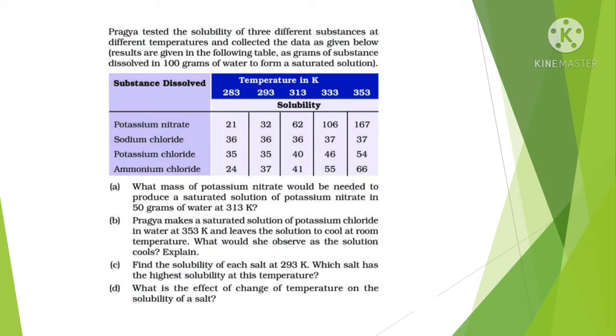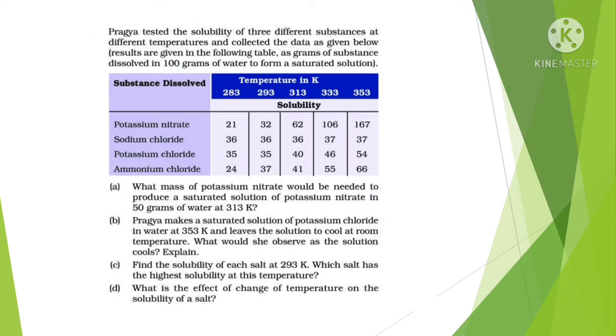Now the first part of the question is, what mass of potassium nitrate would be needed to produce a saturated solution of potassium nitrate in 50 grams of water at 313 Kelvin?